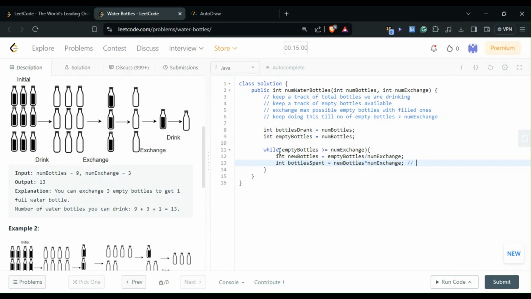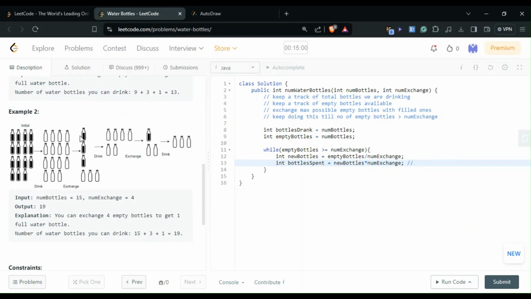Let's say I had 15 bottles. 15 divided by 4 is 3, so 3 bottles I can get. But how many bottles did I actually give to get these 3 back? It is 3, the number of bottles I can get back, multiplied by the exchange rate. So that was 12 bottles I gave out. So bottlesSpent was 12, and newBottles I got was 3.